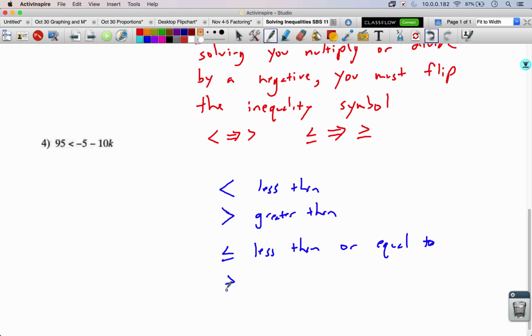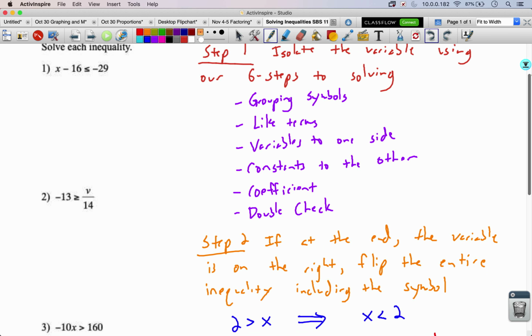And like this is a greater than or equal to symbol. And when we're reading off our problems, when we come to the symbol, we just say it just like this.